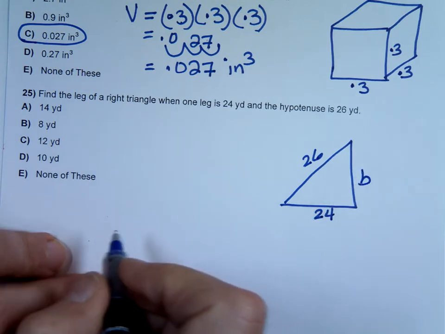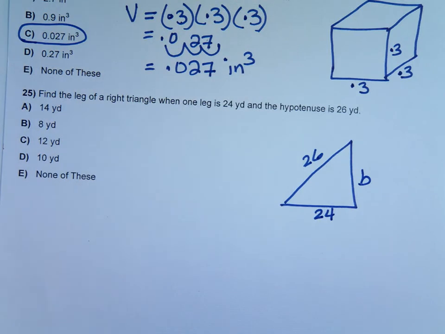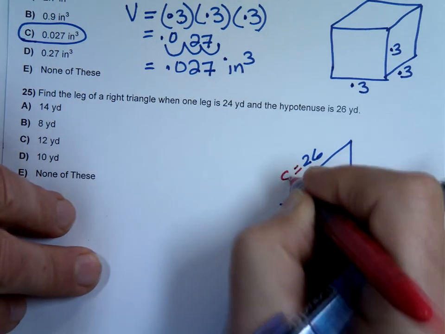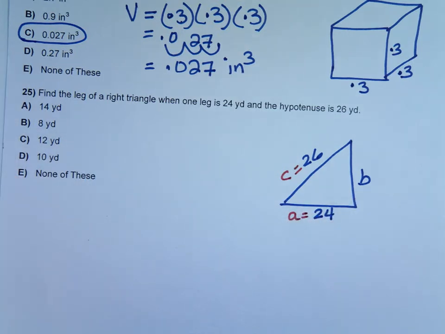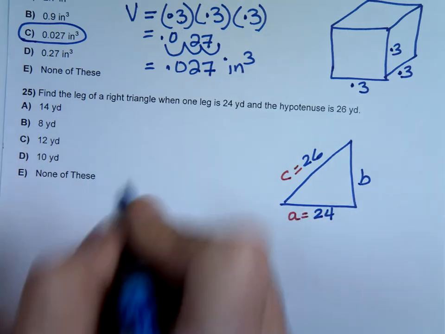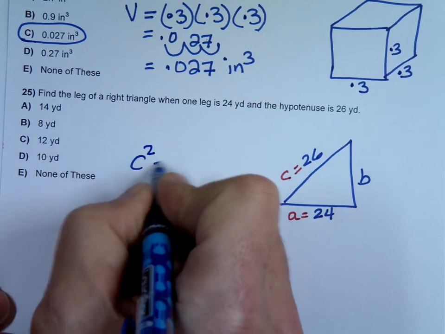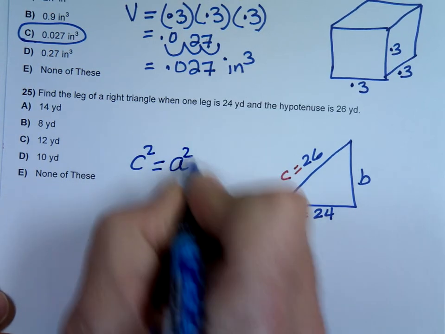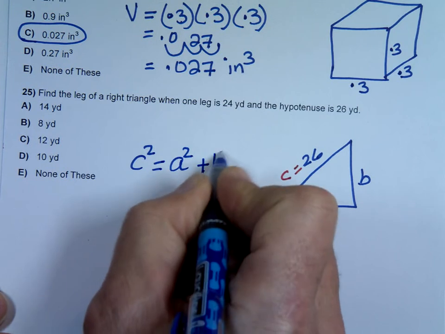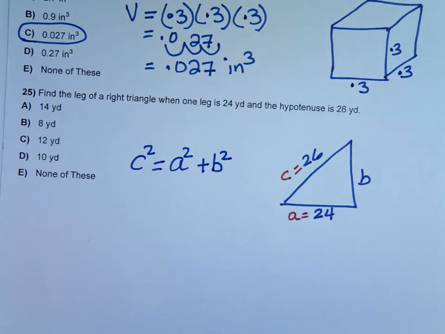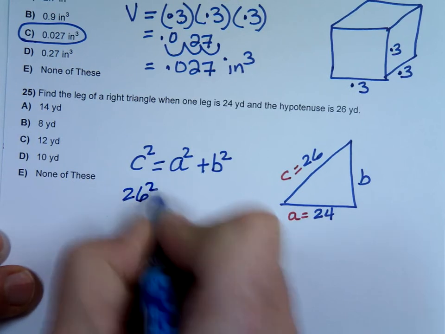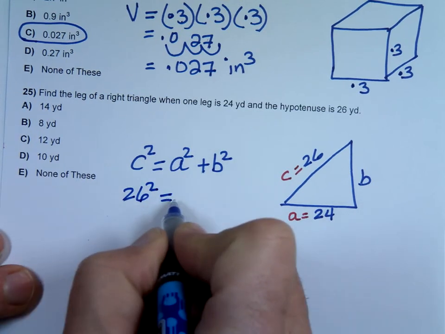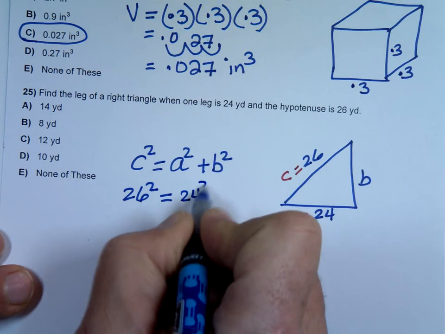If you remember, we used to call this side C, we used to call this side A, and that side is B. There's a theorem here, it's called what? Pythagorean Theorem. C squared equals what? A squared plus B squared. 26 squared is going to equal 24 squared plus B squared.